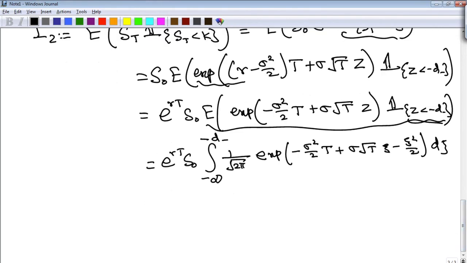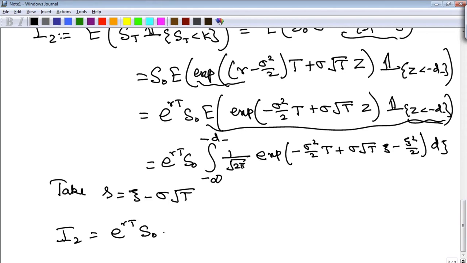And now you use a change of variable. s is equal to xi minus sigma root T. If you put that, we will get I2 is equal to e^{rT} S_0 integral minus infinity to minus d minus minus sigma root T, 1 by root 2 pi, which can go out, e^{minus s square by 2} ds.